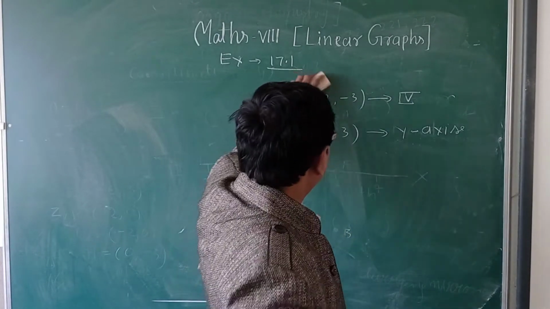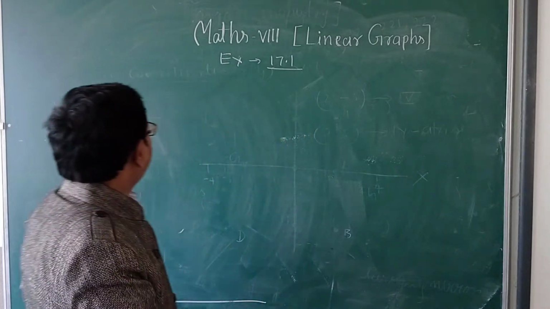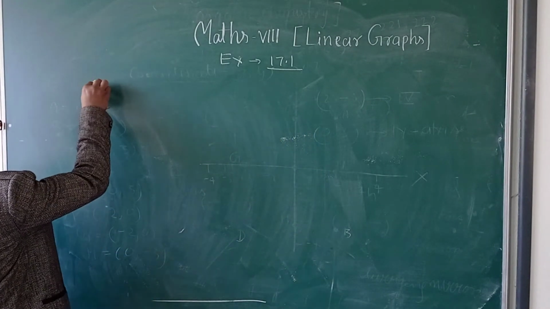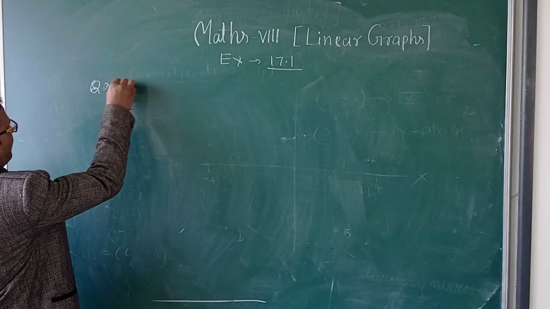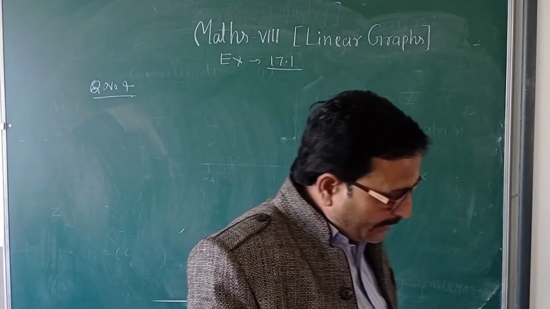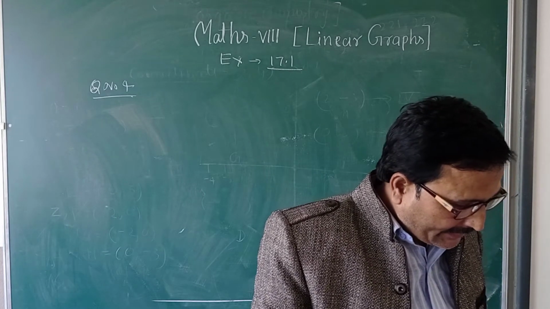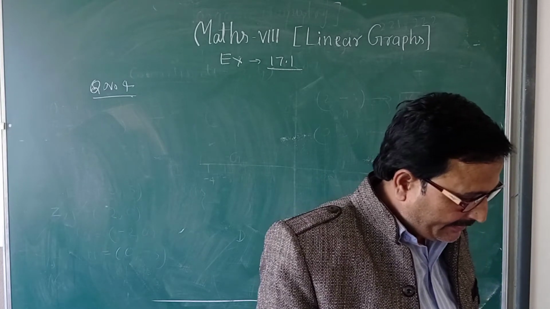Now question number 4. Given points A, B and C, plot them. What kind of figure is ABC? Find the area.